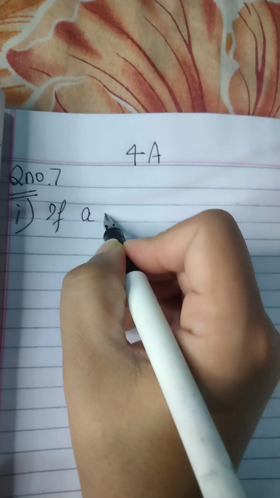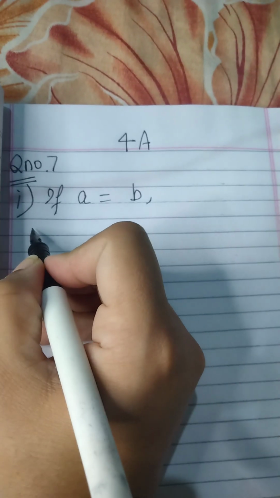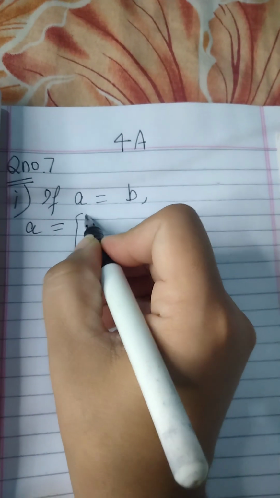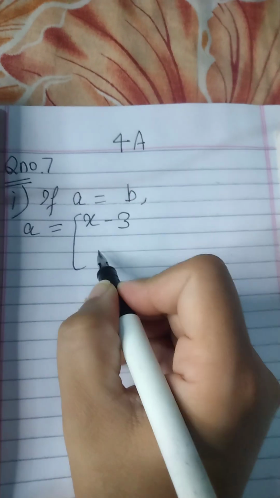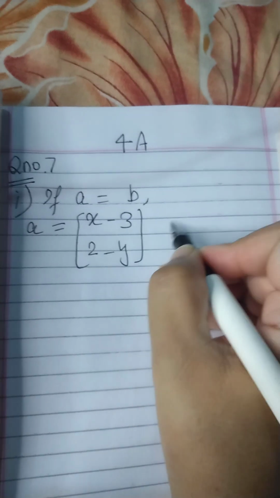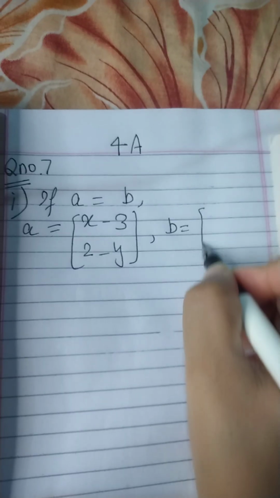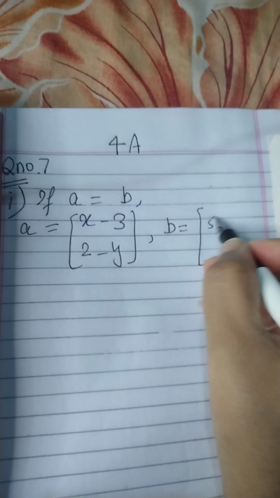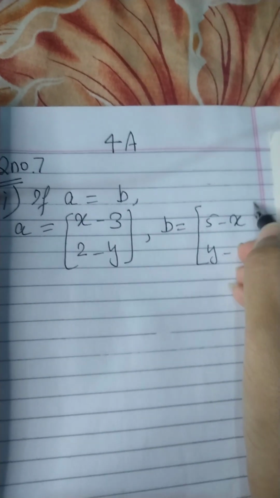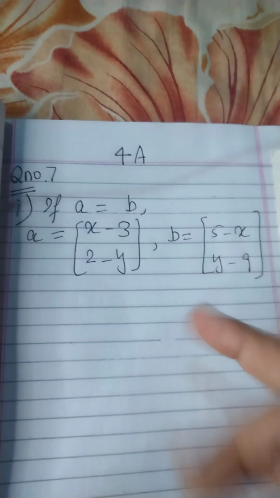If a equals b is given, so a equals (x minus 3, 2 minus y) and b equals (5 minus x, y minus 9). According to the given condition, a equals b, so both vectors are equal to each other.